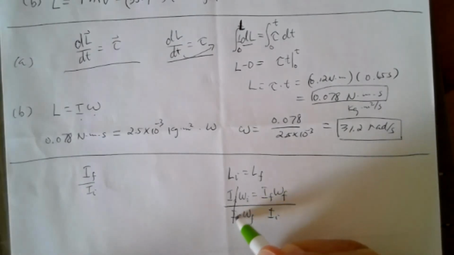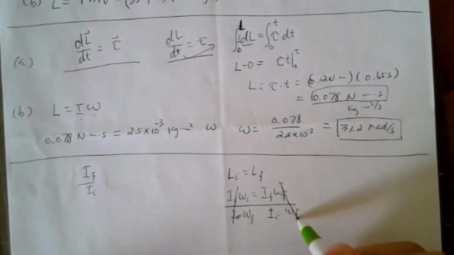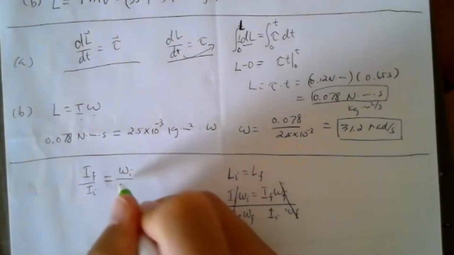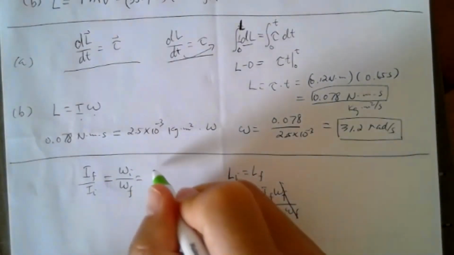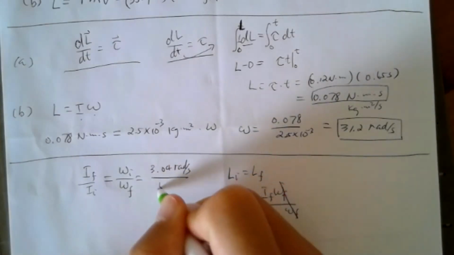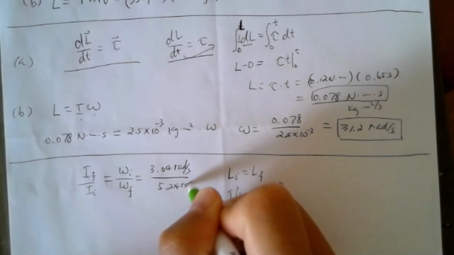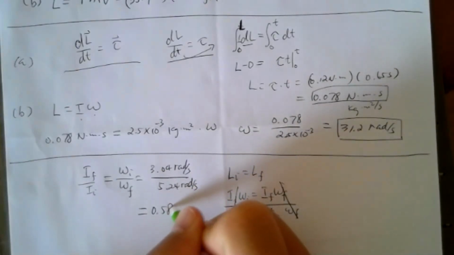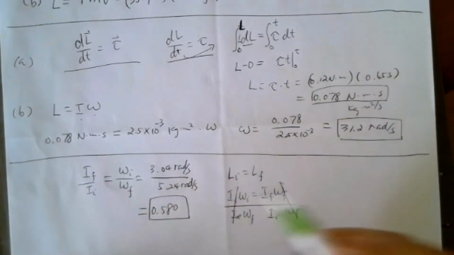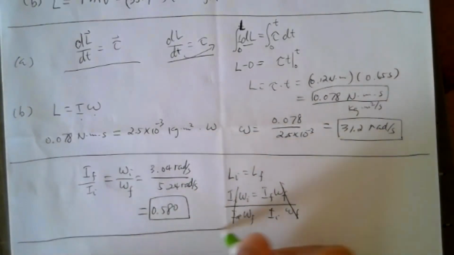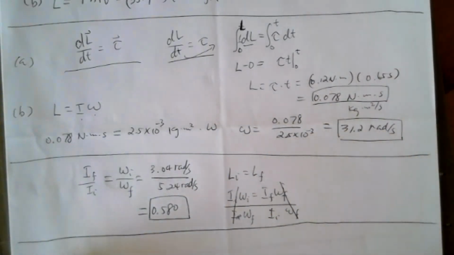Then your I_f over I_i is equal to omega_i over omega_f, which is 3.04 radians per second divided by 5.24 radians per second. That gives you roughly 0.580, so the final moment of inertia is only about 58% of the initial.